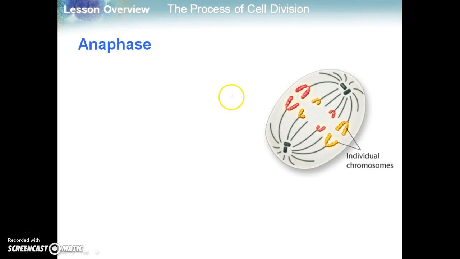During anaphase, the centromeres are going to be pulled apart and the chromatids separate. Anaphase is going to continue until we get all of these chromosomes to our opposite poles.